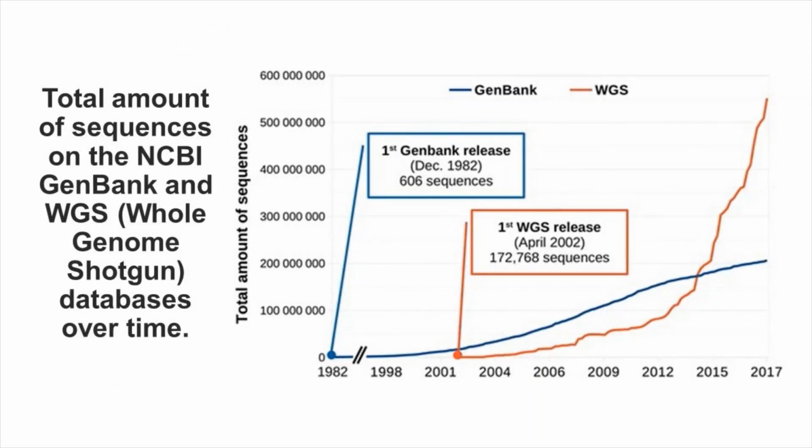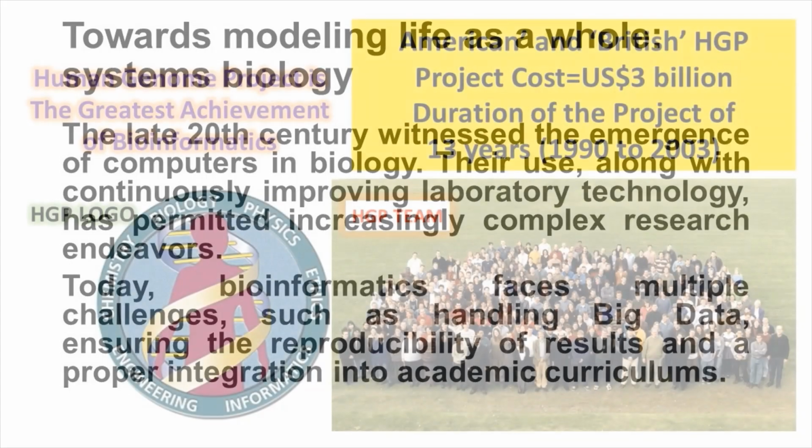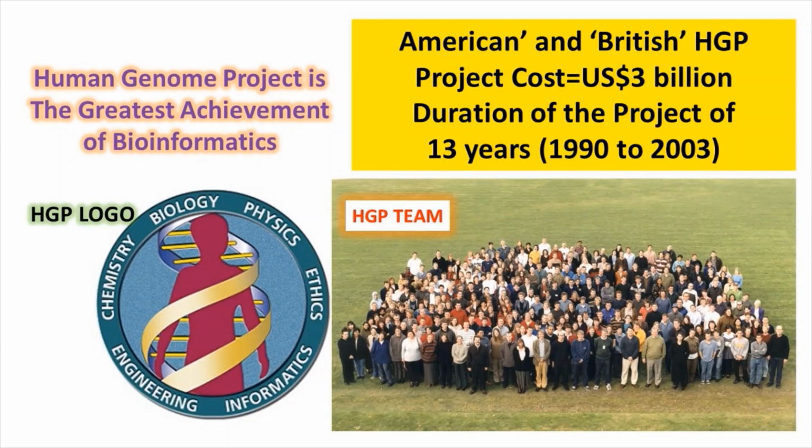Because of this revolution, the amount of sequence data made available in public databases is humongous. Thus, bioinformatics has grown enormously because of the development of technologies in computer science, information technology, and also biological sciences.